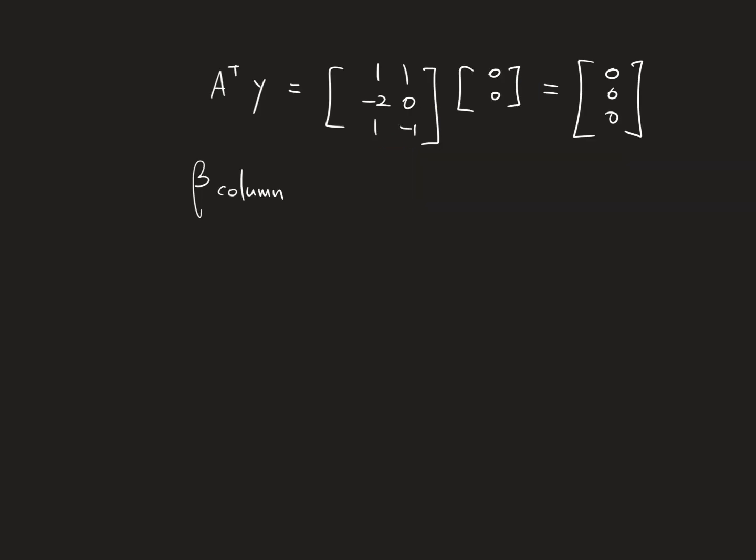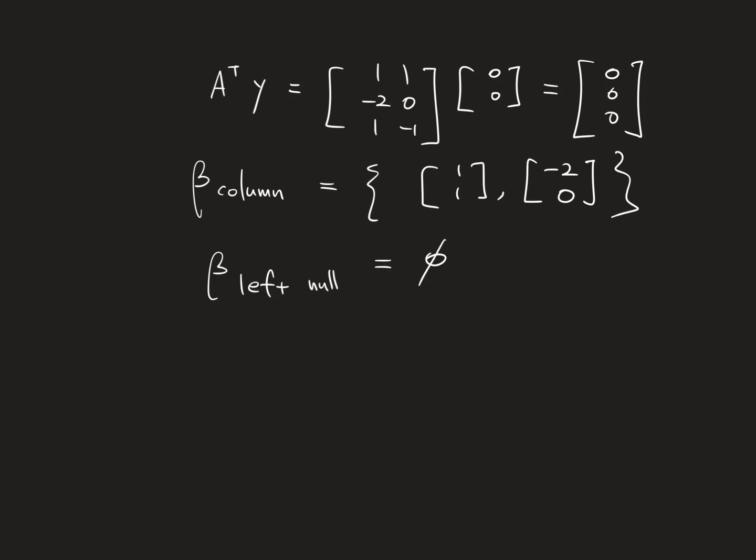And using A transpose, we can write this equation, and a basis of the column space will be (1, 1) and (-2, 0), and the left null space basis will be the empty set, because we have only 2 variables, but the rank is 2, so the left null space dimension is 0.